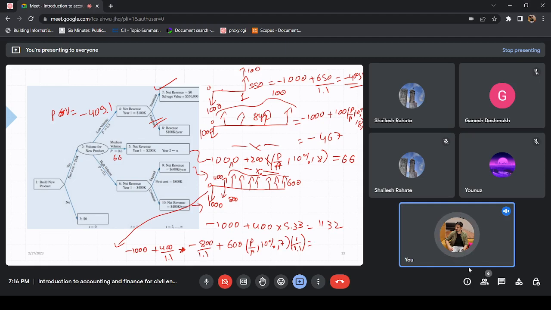Guys, I will need some response and only then I can proceed. If you want, I will give you the value from the table for year 7. P given A is 4.87. You can take it as 4.87.